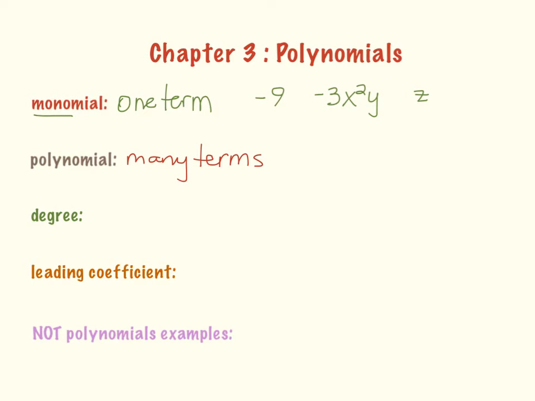The definition of degree is the sum of the exponents of the variables. The sum of the exponents of the variables.